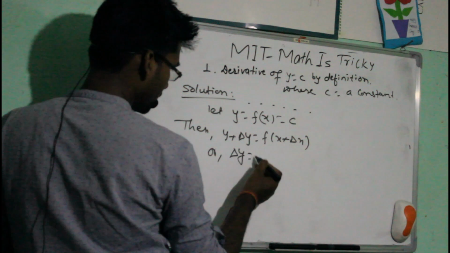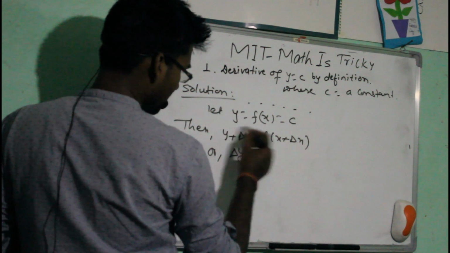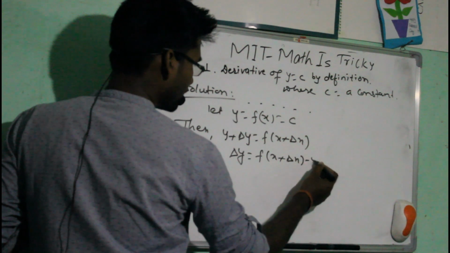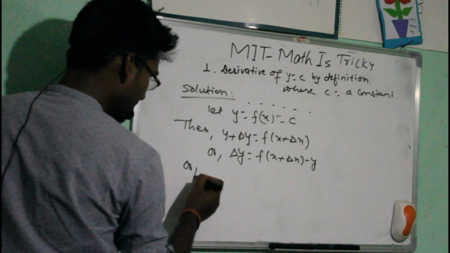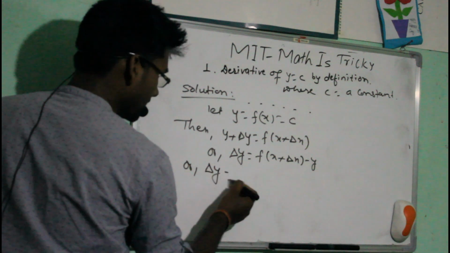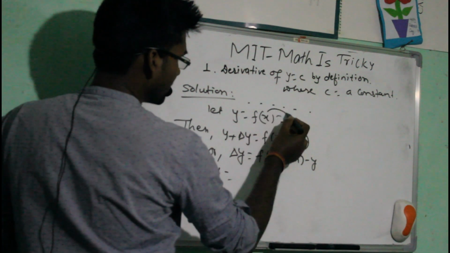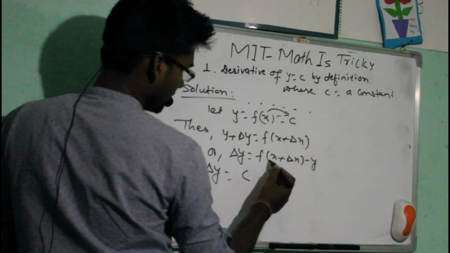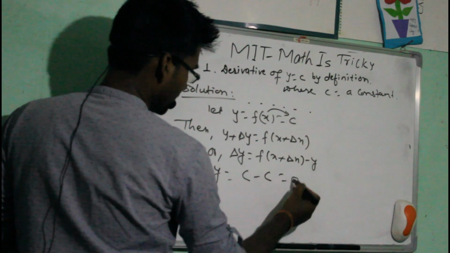Put y on the left-hand side and send the other to the right-hand side: delta y equals f of x plus delta x minus y. This always gives a constant, whatever the value of x, so it will be c minus c equals 0.